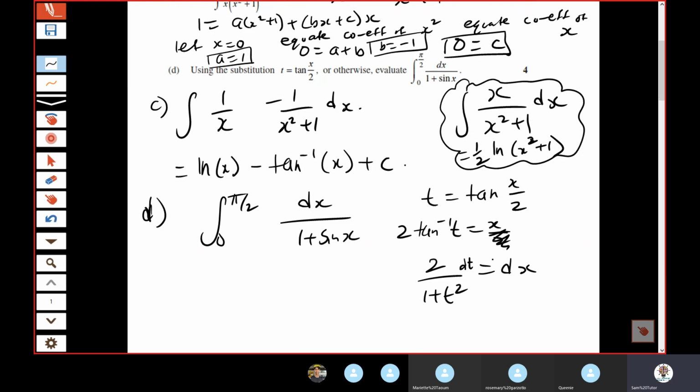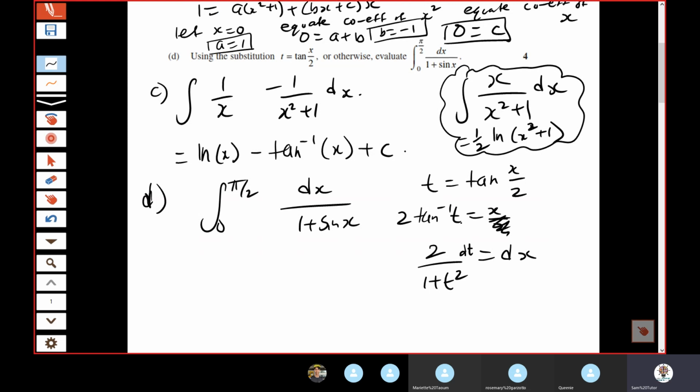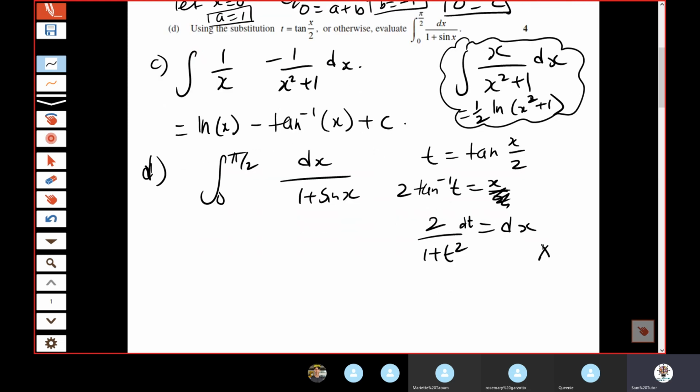So we've got dx, 2 dt. Okay, at this stage, I need to know who didn't get these 3 lines out, pretty much for D. Anyone not get this out? Not yet, just one. Anybody else? Okay.